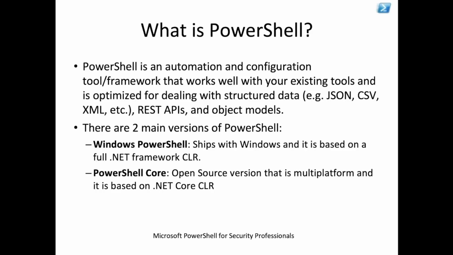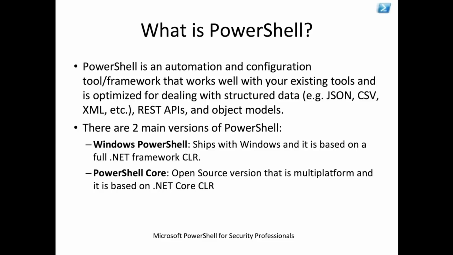Right now, I'm going to be covering 2 main versions of PowerShell. I'm going to be talking about Windows PowerShell. This is a version of PowerShell that ships with Windows. It's based on the .NET CLR. The other version that we're going to be talking about is PowerShell Core. This is the open source version of PowerShell, and this version is multi-platform.